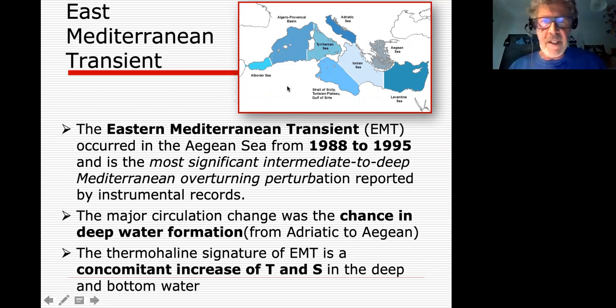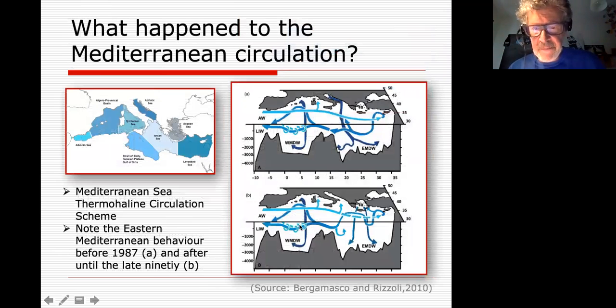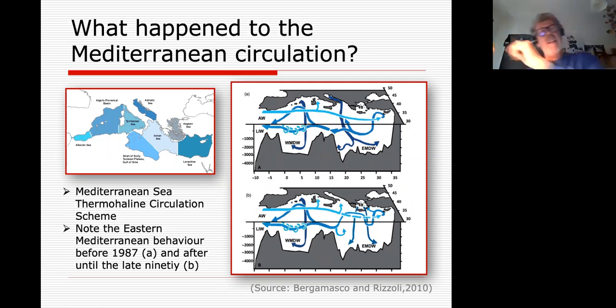And afterward, as I show you here, you have the return current that crosses the Sicily Strait and reached again the Western Basin. During this path, the signature in temperature, salinity and in nutrient, for example, or oxygen, has been also detected in the Western Mediterranean.